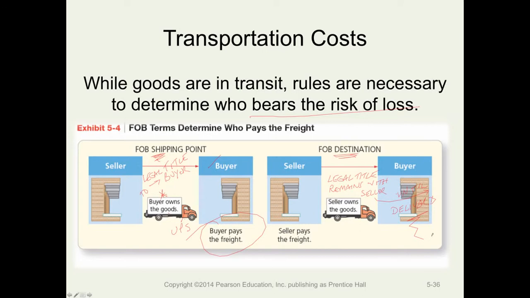And the shipping costs are paid by the seller if it's FOB destination. The buyer on an FOB destination obtains title only on receipt of those goods.